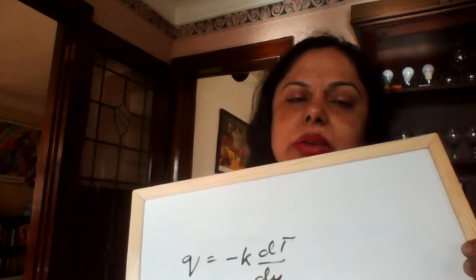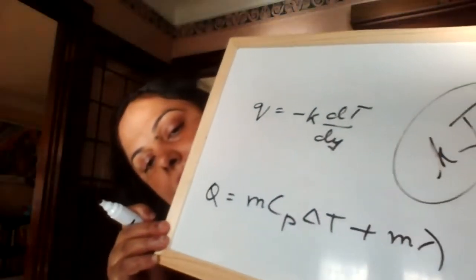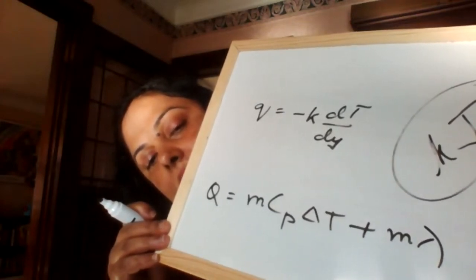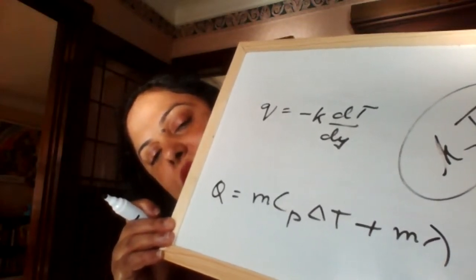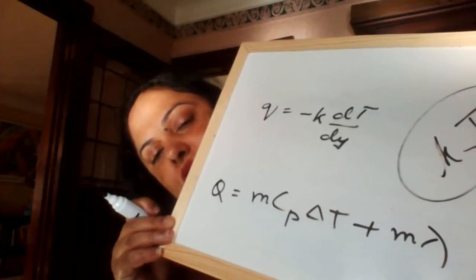So I'm getting kilojoules in Q over 10 minutes. So this heat flow in kilojoules that I calculate would be Cp, the specific heat capacity, and lambda, the latent heat of fusion of ice.